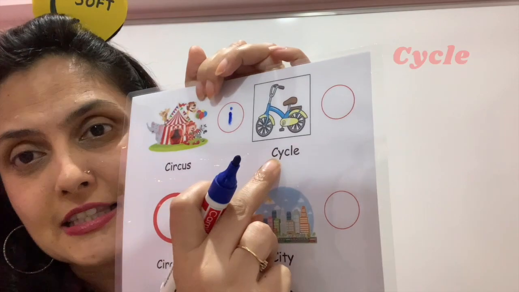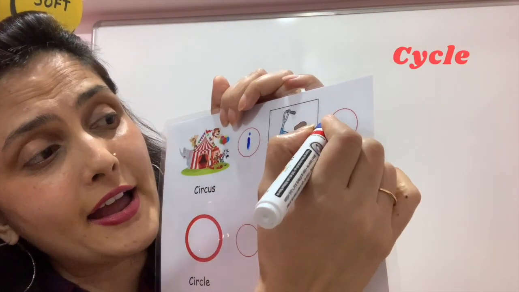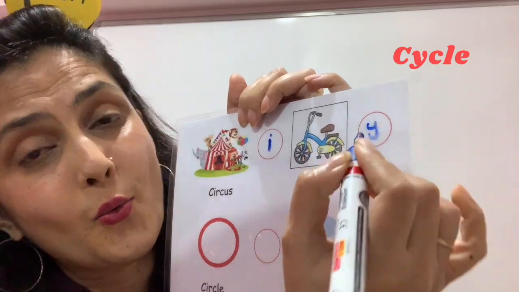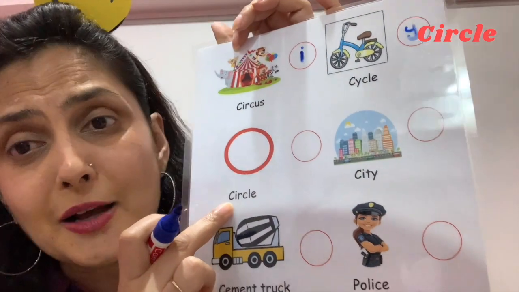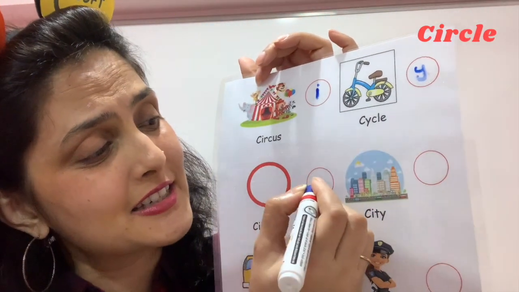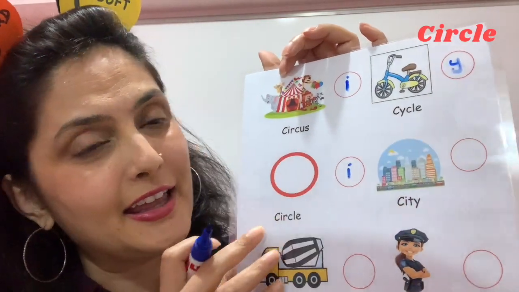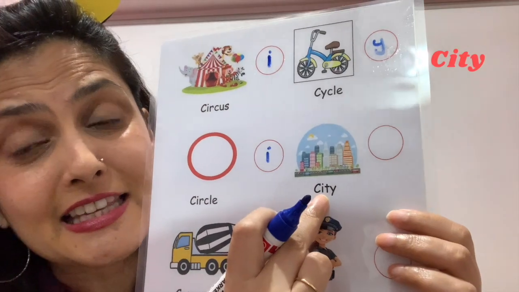Now what about this? Cycle. What comes after C? A Y. So let's write Y. Circle. What comes after C? I. Very good. So we put an I there. What comes after the C over here?